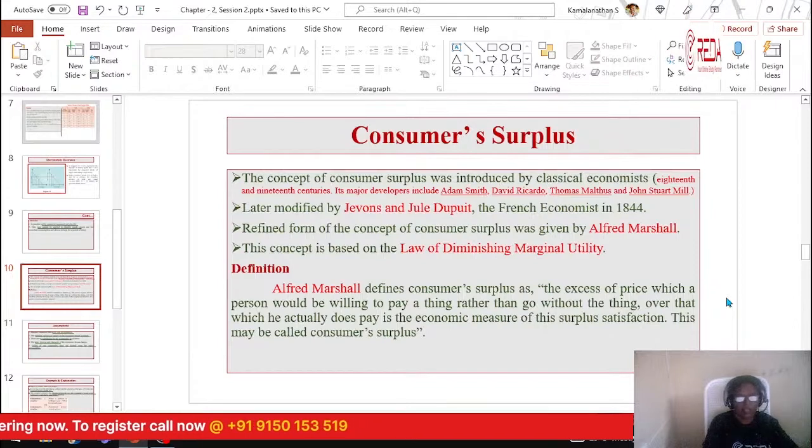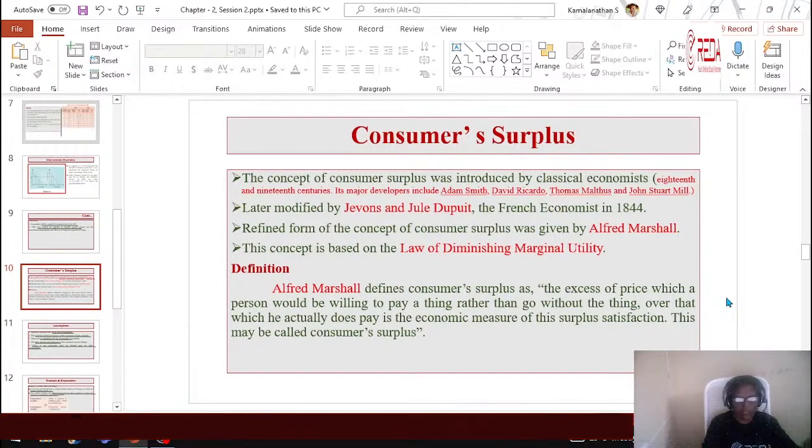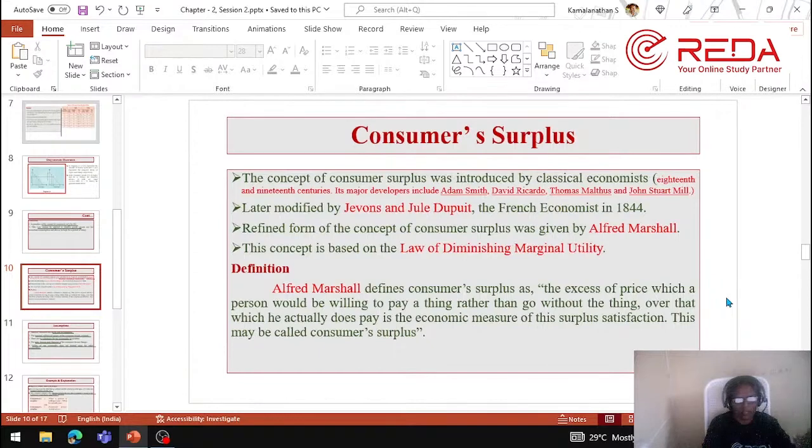Classical economists are those who were there in the 18th and 19th centuries, for example Adam Smith, David Ricardo, Thomas Malthus, then John Stuart Mill. They formulated and framed many economic theories and laws, which even now are accepted in all countries in various ways.